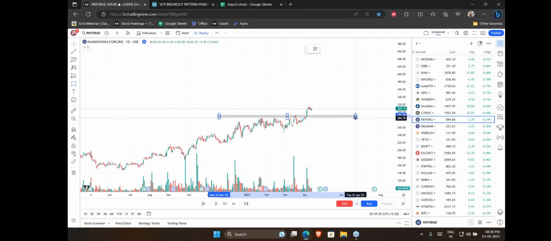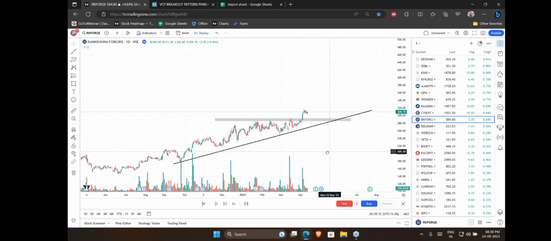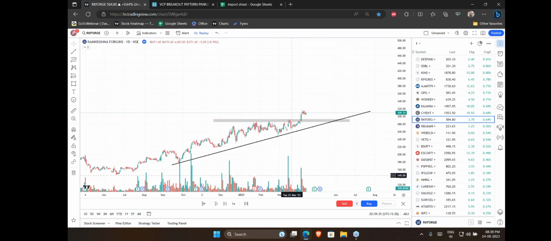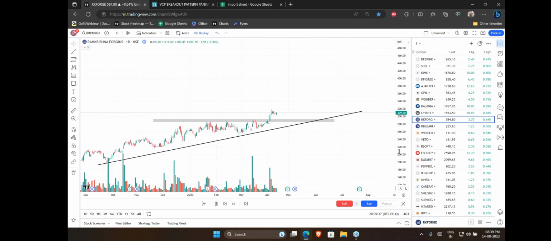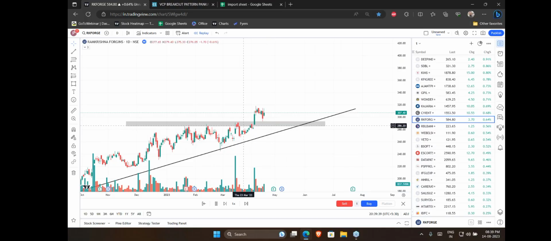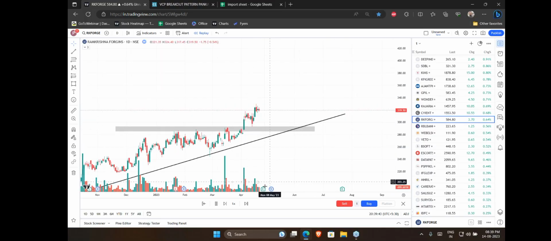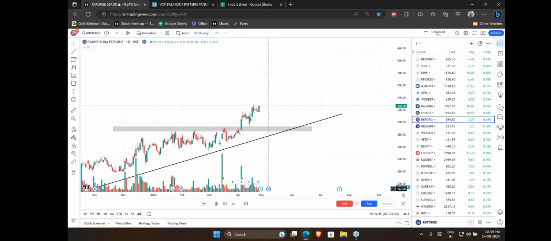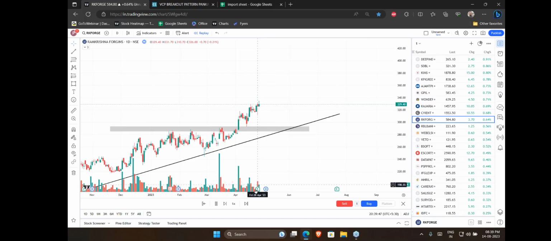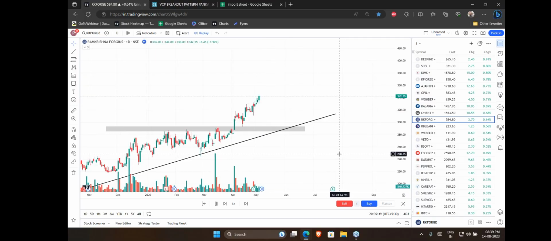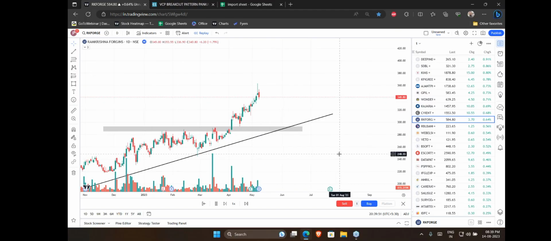See this? It is in a proper uptrend and a proper breakout with volumes. Now if I play this, we got the retesting of the supply complete. After that, the stock started going up vertically. Earnings came up, the stock gave a dividend, and it is continuously shifting up.